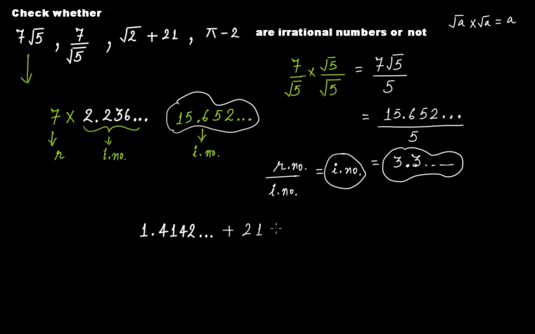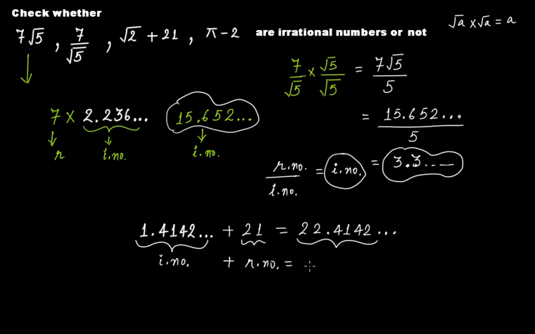Now if you add this, you will get 22.4142 and so on. So the point is, an irrational number plus a rational number is equal to an irrational number in this case.